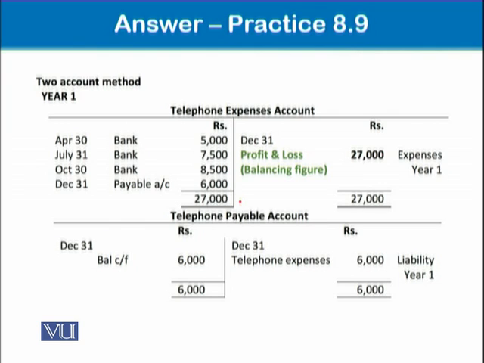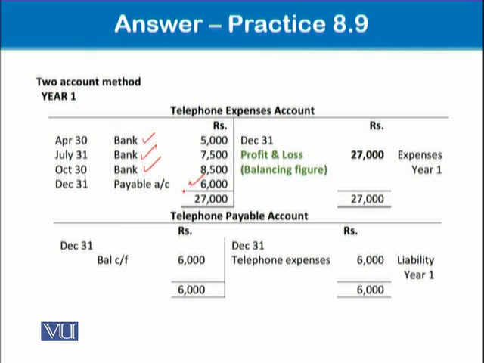Okay. Then comes our 2 account method. In this 2 account method, we are preparing 2 accounts, expense account and payable account. In the payable account for the first year, there is no opening balance. Obviously, we know very well. But we have paid. For the 4th payment, 6,000 is due.